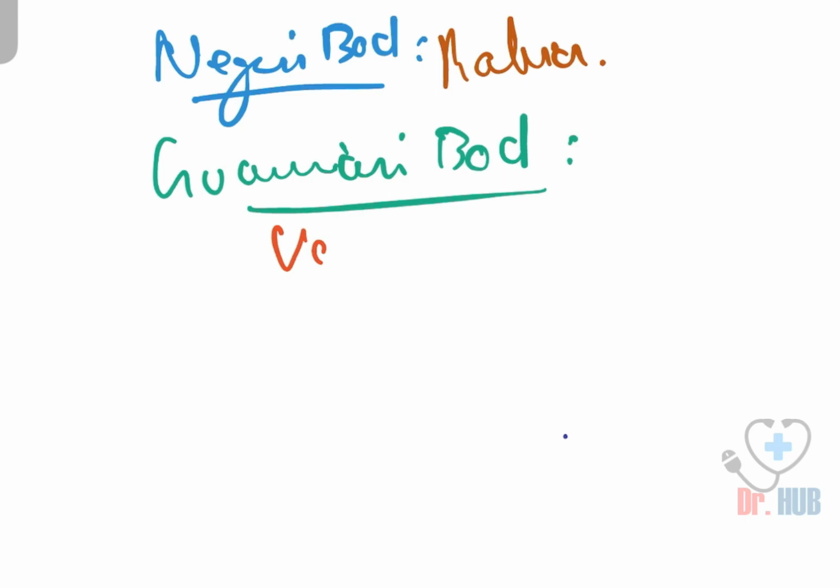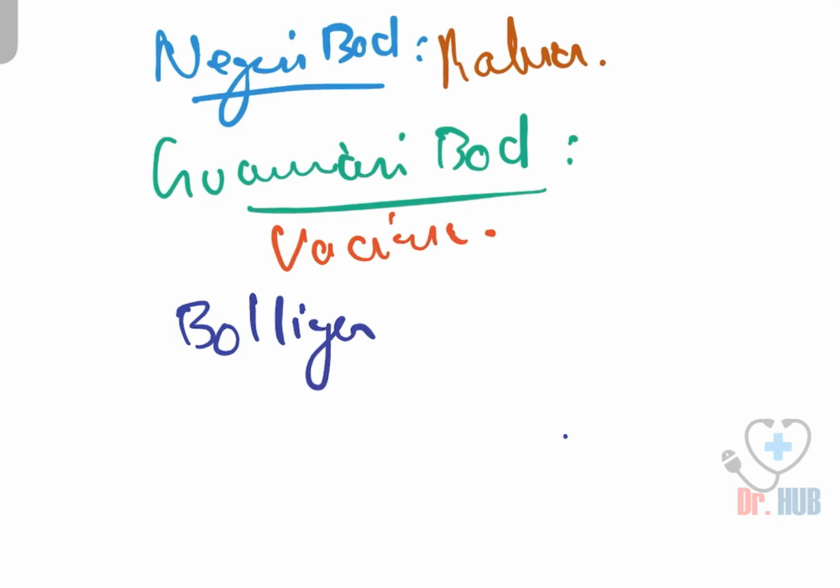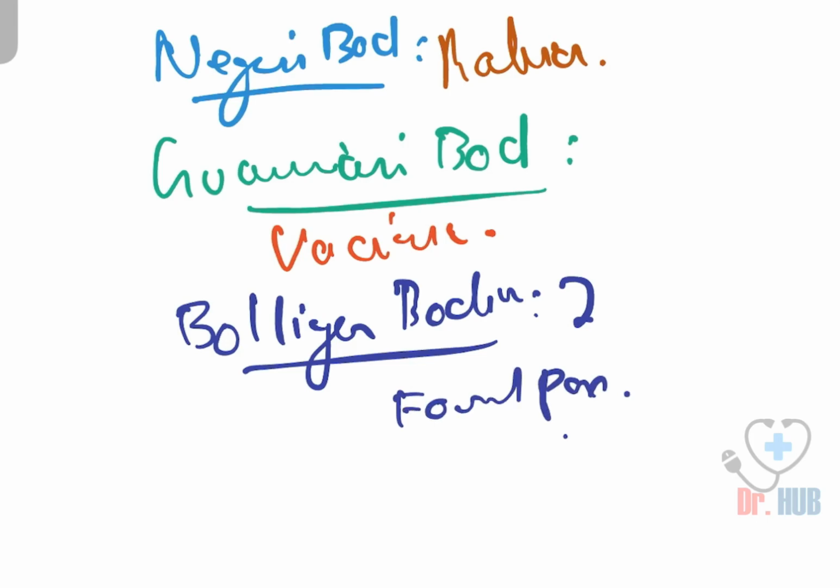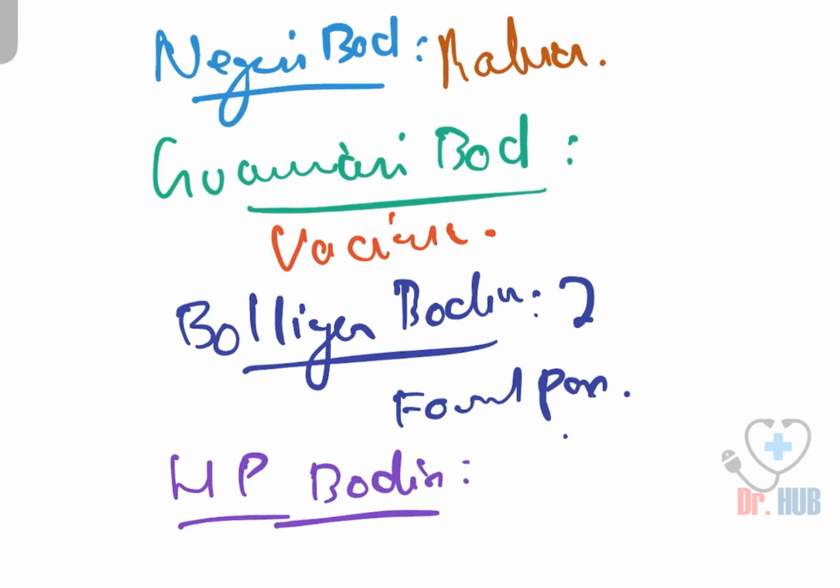It is seen in case of vaccinia. Then the Bollinger bodies. The Bollinger bodies are seen in case of fowl pox. Then the Henderson-Patterson bodies, HP bodies. Henderson-Patterson bodies are seen in case of molluscum contagiosum.